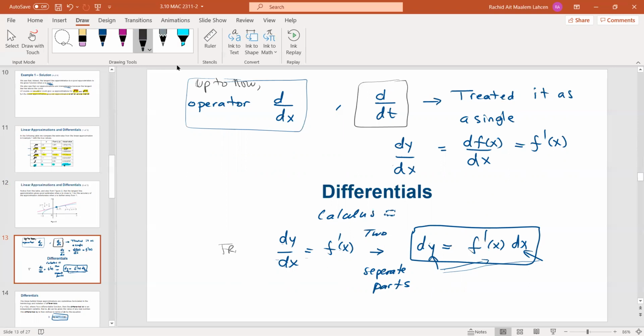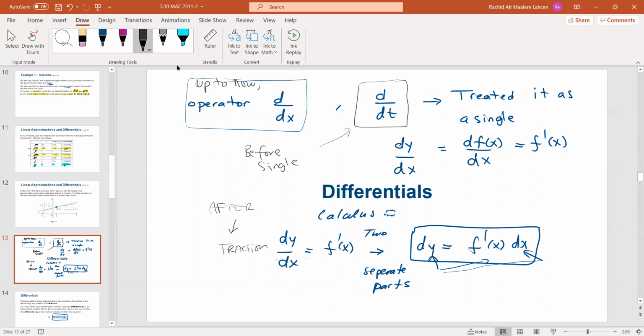Before, it was a single thing, not a fraction, but from now on it is going to be treated as a fraction. So it has two parts.